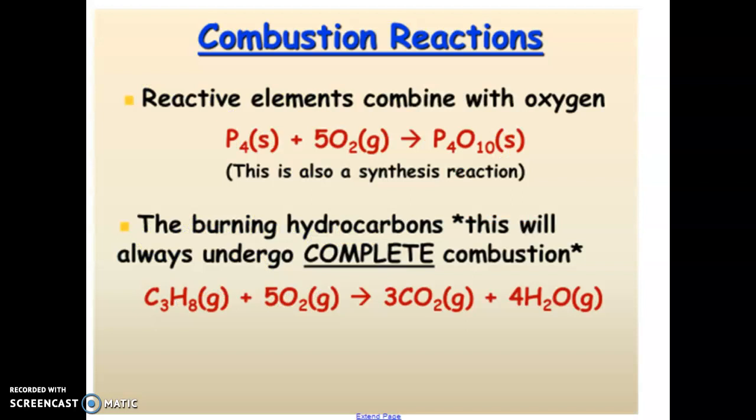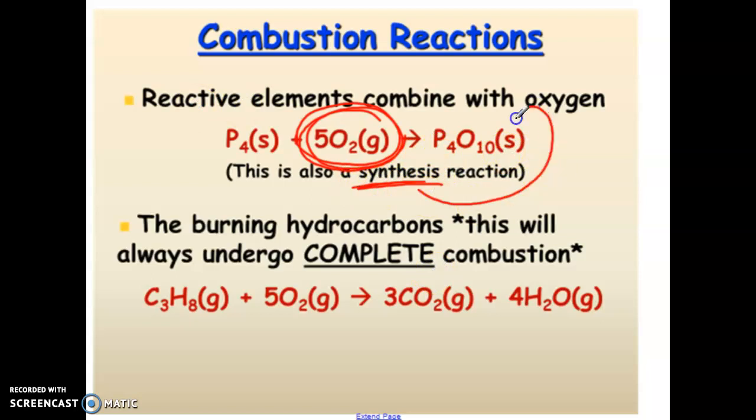So here are some examples of combustion reactions. Here we have phosphorus plus oxygen making tetraphosphorus decoxide. But the key is, how are you going to know something is a combustion reaction? You're going to see oxygen as a reactant. Okay, this reaction in particular can also be called synthesis.